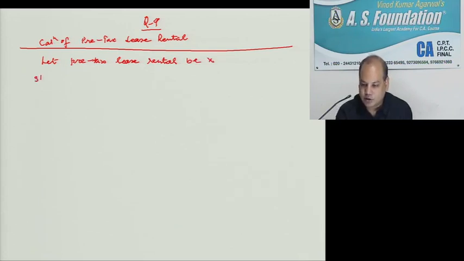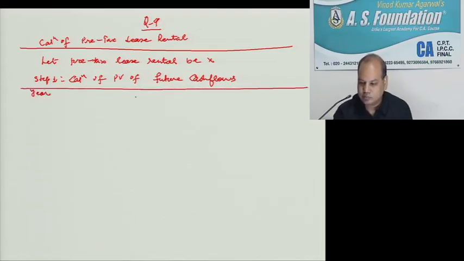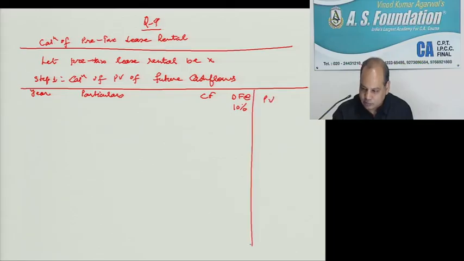So first step 1, calculation of present value of future cash flows. First column write year, particulars, cash flow, discounting factor at the rate of 10%, and last column present value.